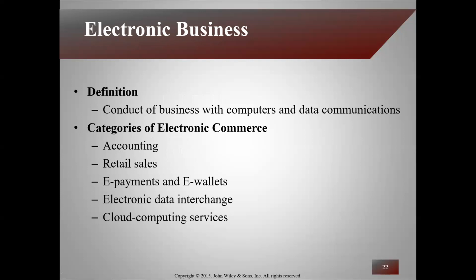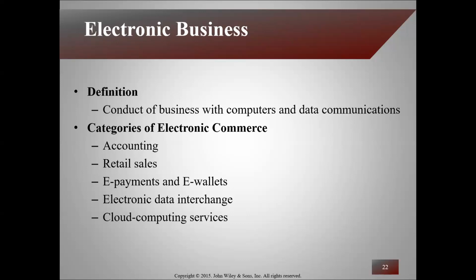The term electronic business or e-business refers to conducting business with computers and data communications. Most companies perform e-business over the internet, but businesses can also use virtual private networks, or VPN, or proprietary data transmission lines.